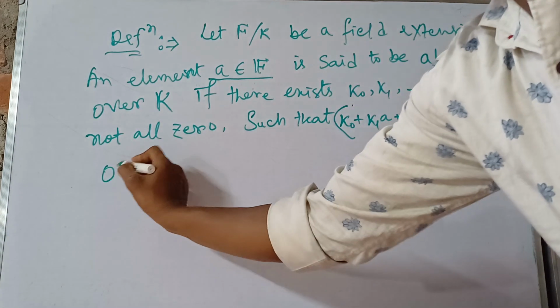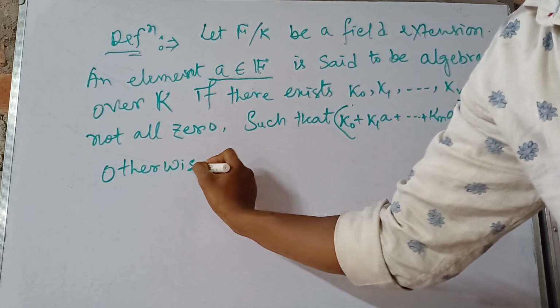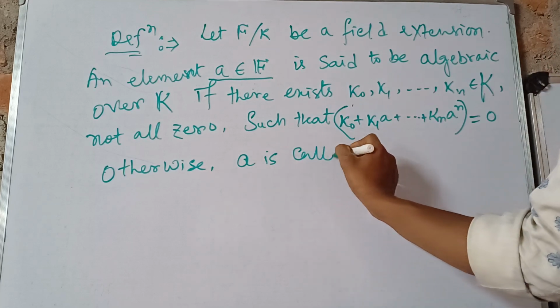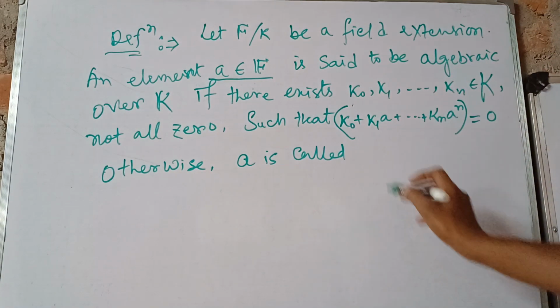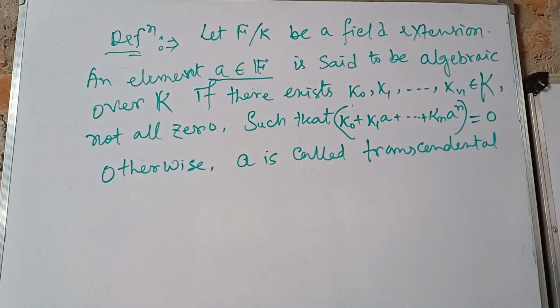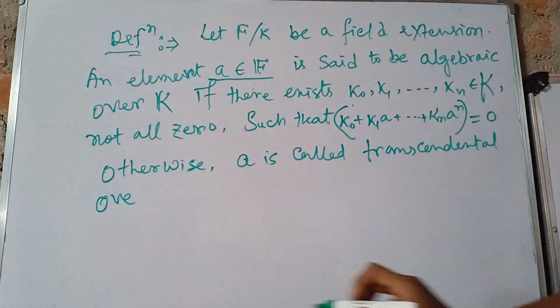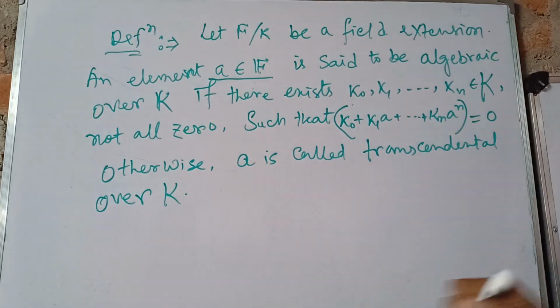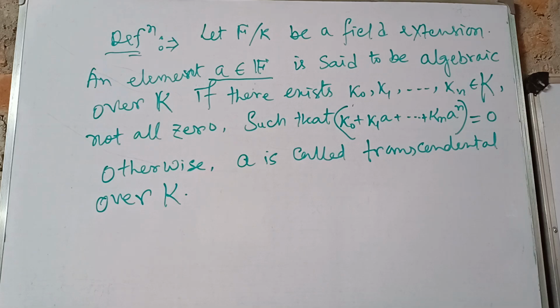Otherwise, this a is called transcendental over K. That means whether an element is algebraic or transcendental depends on whether it is a root of some polynomial or not.